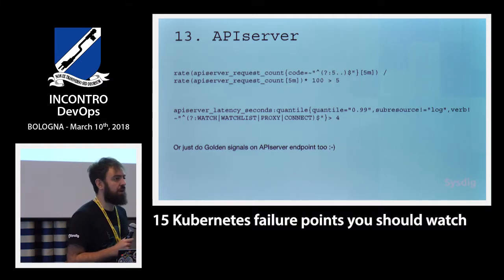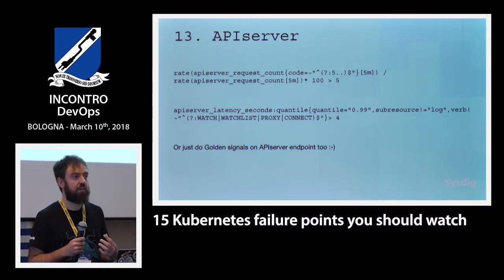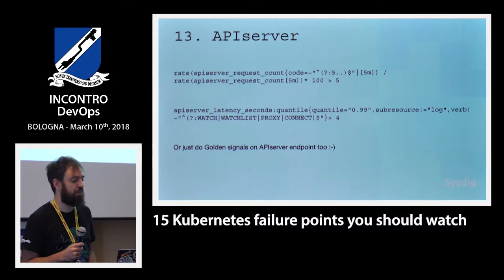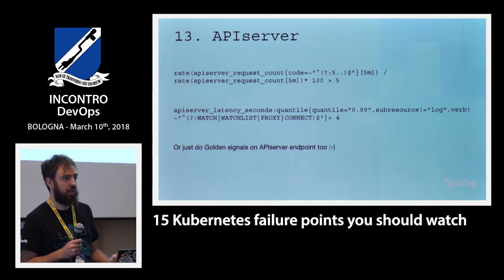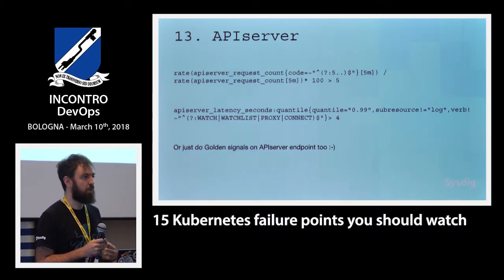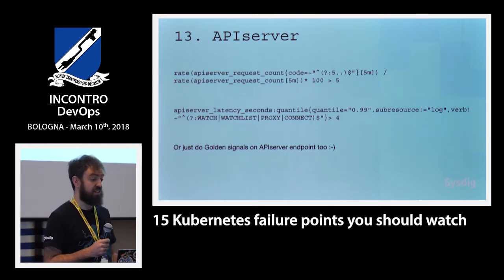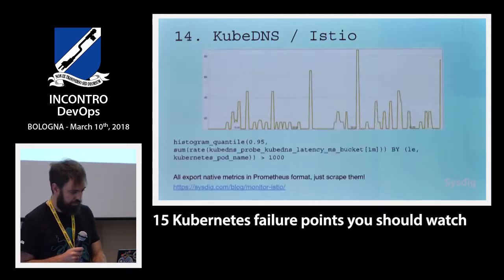So if you use the golden signals to monitor that, it will be enough. So 3 different ways, really. But make sure your API endpoint responds to requests fast enough, and it's not triggering errors.